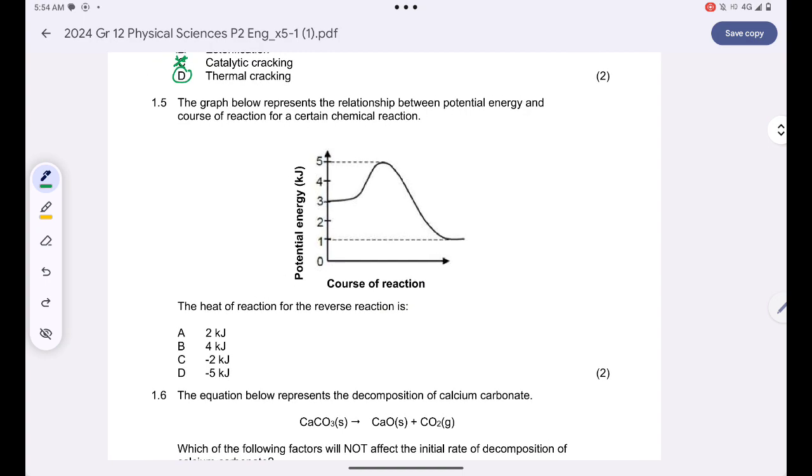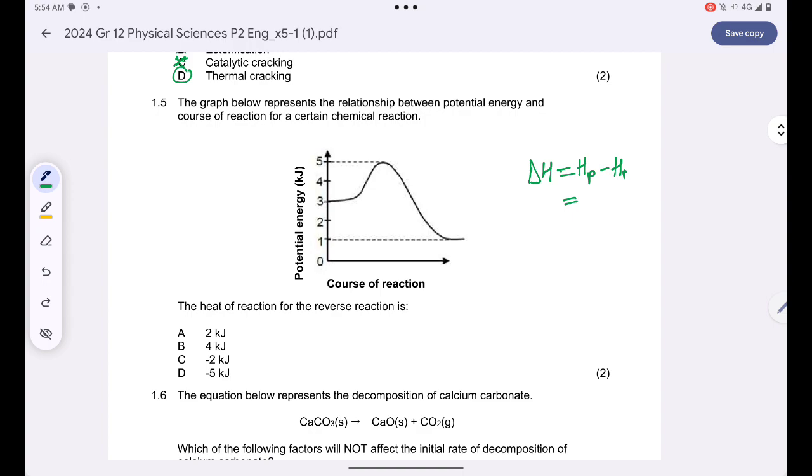The graph below represents the relationship between potential energy and course of reaction for a certain chemical reaction. The heat of the reaction, or change in enthalpy, for the reverse reaction is just the heat of products minus the heat of reactants.